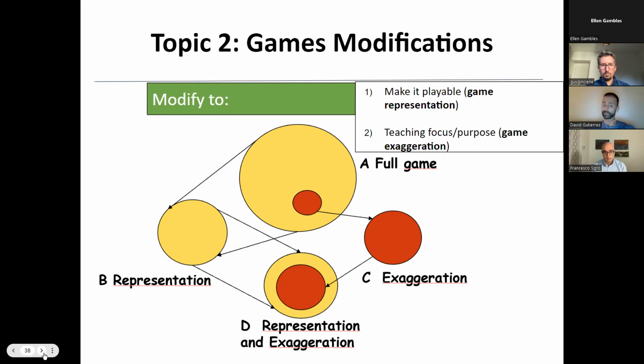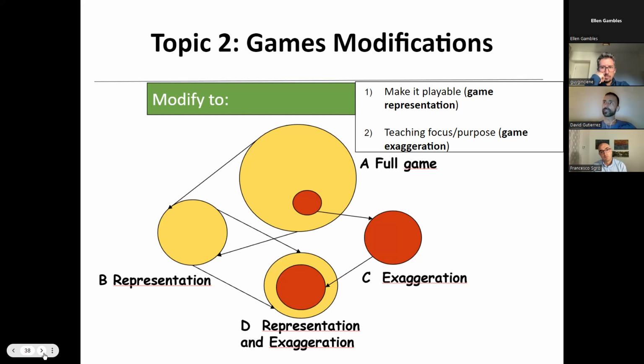But normally, those games that we propose in our lessons are both. So it's not something different. We can have a modified game that is both by representation and exaggeration. So that would be the normal modified games in our lessons.